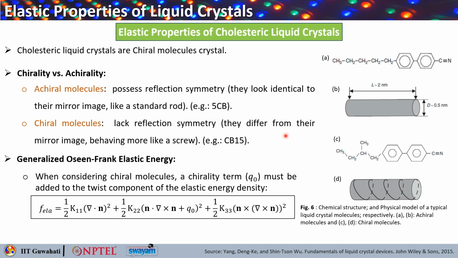So, when you consider chiral molecules, the chirality term q0 gets added to the twist component of the elastic energy density. That gives you the generalized Oseen-Frank elastic energy equation. So, this new term gets added, which is coming from the chirality.